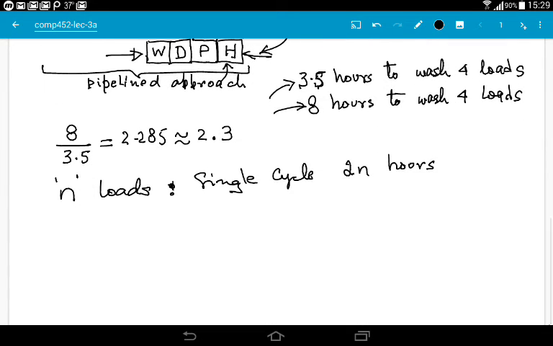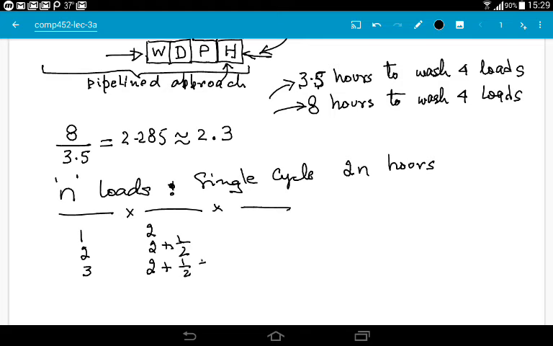So when we had just one load, it took 2 hours. When we had two loads, it took 2 plus 1/2 hour. When we had 3 loads, it took 2 plus 1/2 plus 1/2 hours. When we had 4 loads, it took 2 plus 1/2 plus 1/2 plus 1/2 hours.